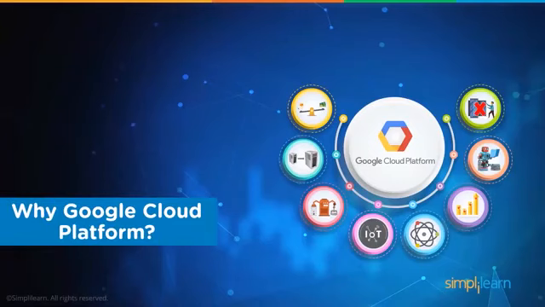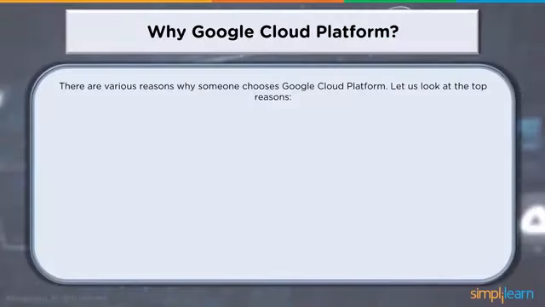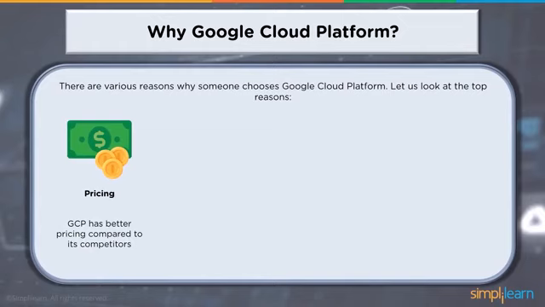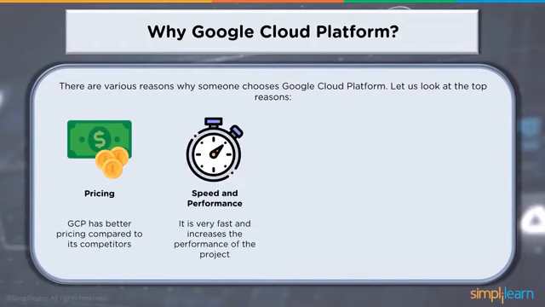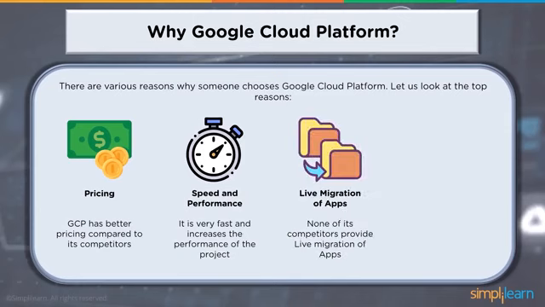When we talk about why Google Cloud Platform, there are various reasons why someone would choose it. GCP has better pricing compared to its competitors. When it comes to speed and performance, it is very fast and increases the performance of the project.